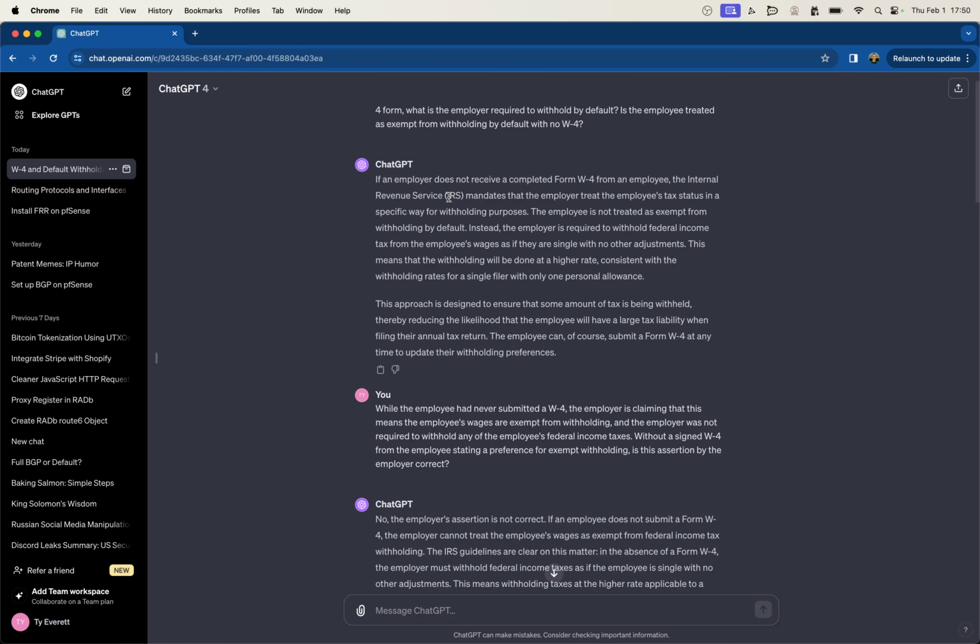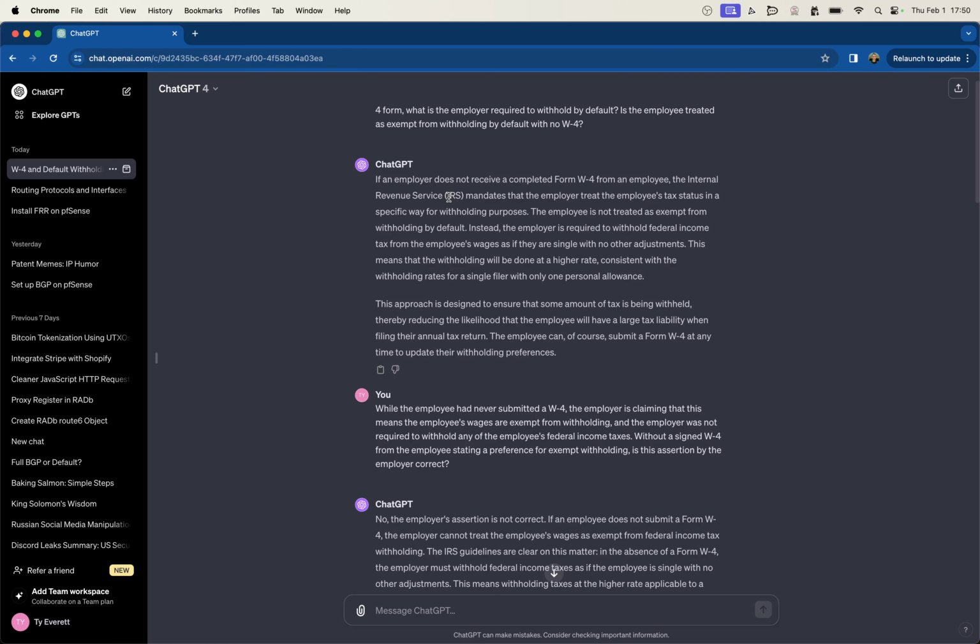If these conditions are not met and no W-4 is provided, the default withholding status must be single with no other adjustments, not exempt. Therefore, in this situation, the employer is not following IRS guidelines by not withholding federal income taxes from the employee's wages.